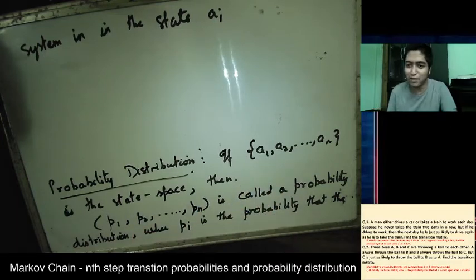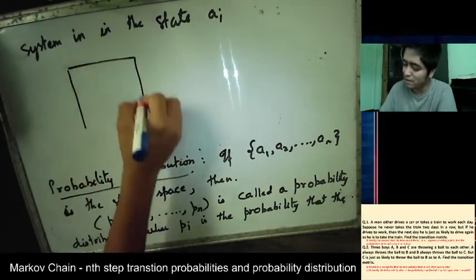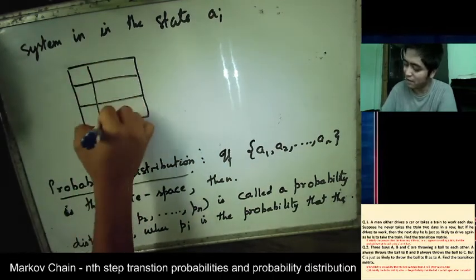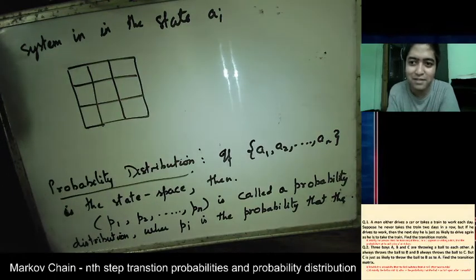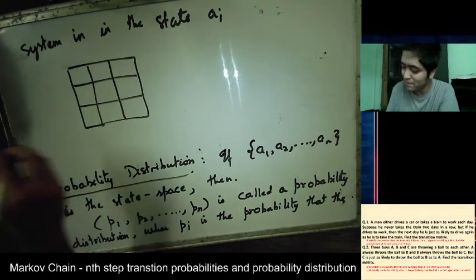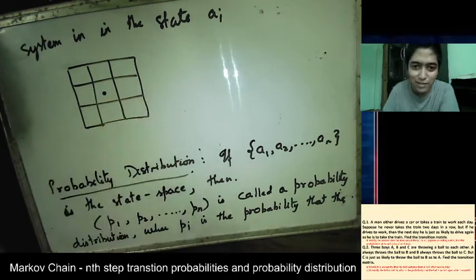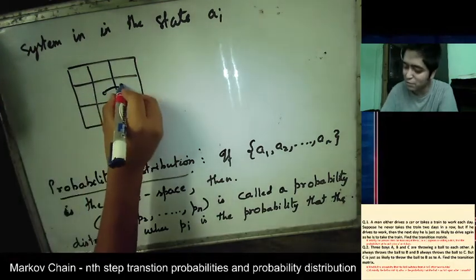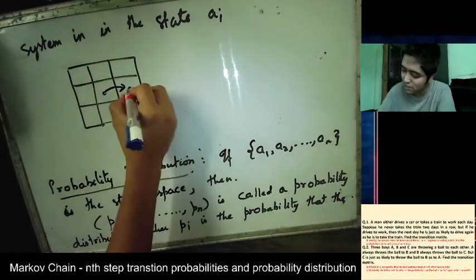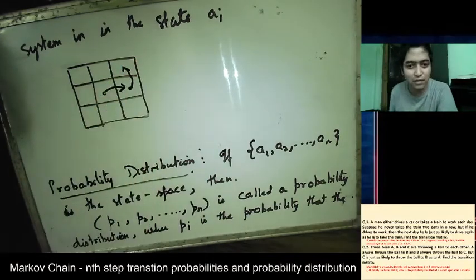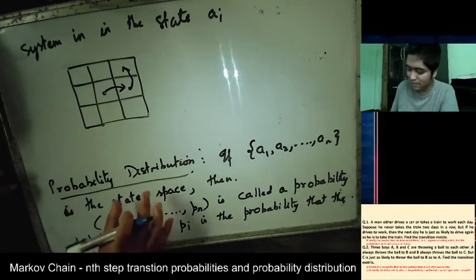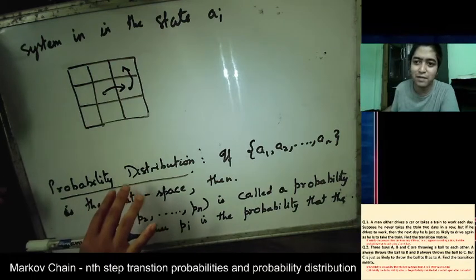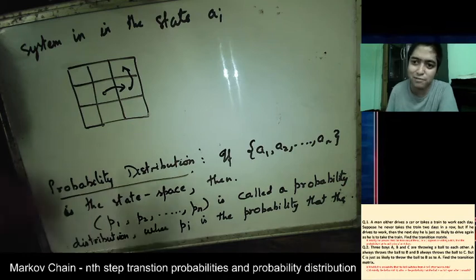Okay, for example, yesterday I was giving you an example about a person moving in a grid, right? When we were calculating transition probabilities, we were calculating the probability that he will change from this position to this position, or from one position to another. So that is about transition probabilities. But when dealing with probability distribution, we have to start somewhere.